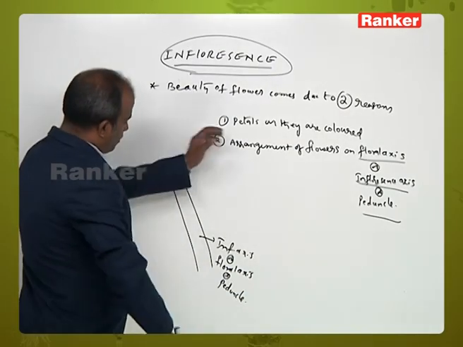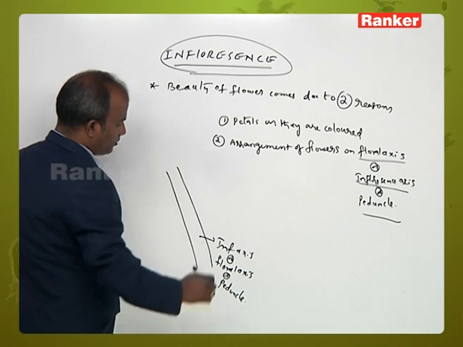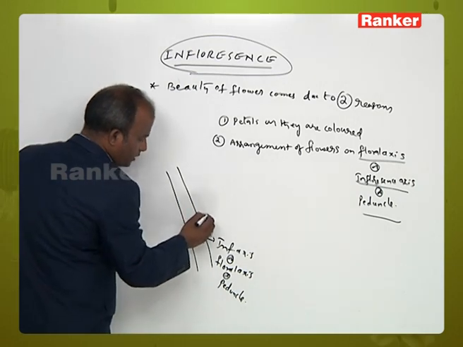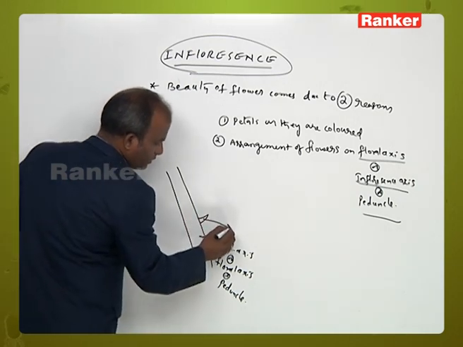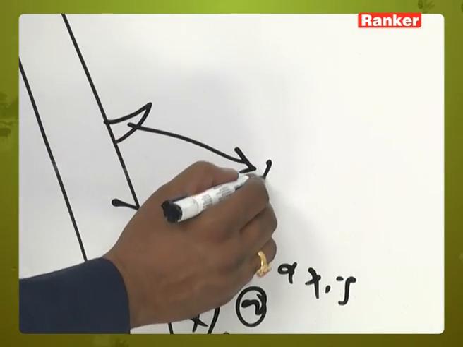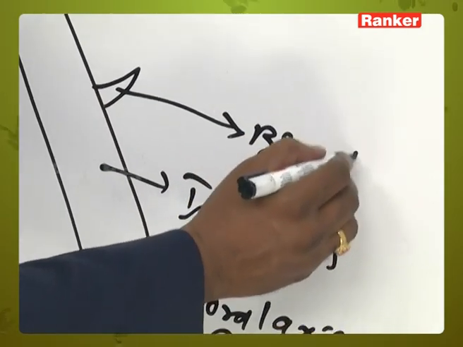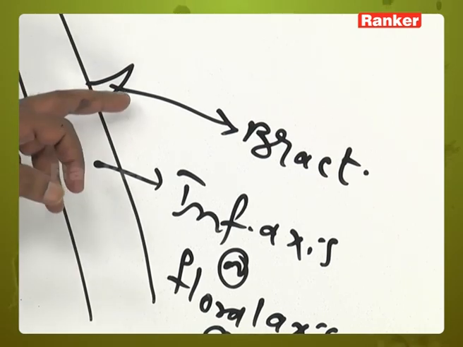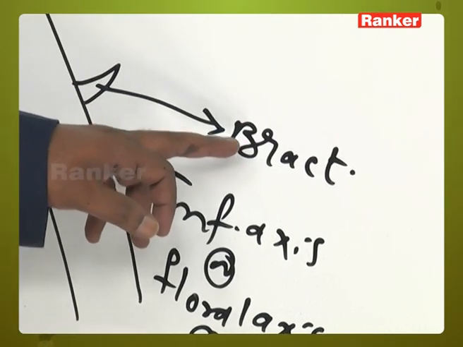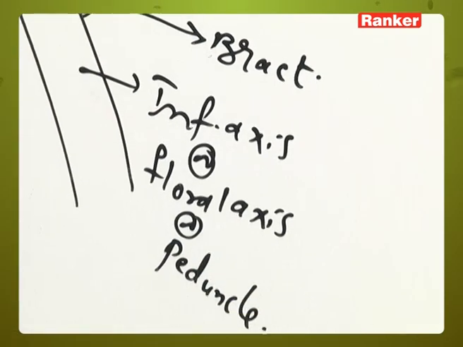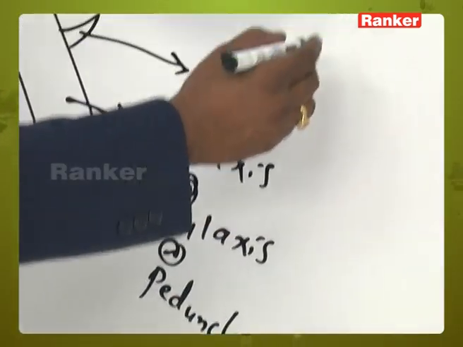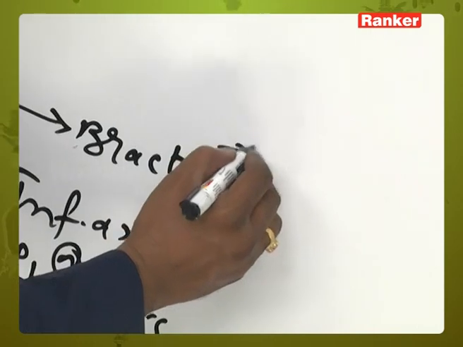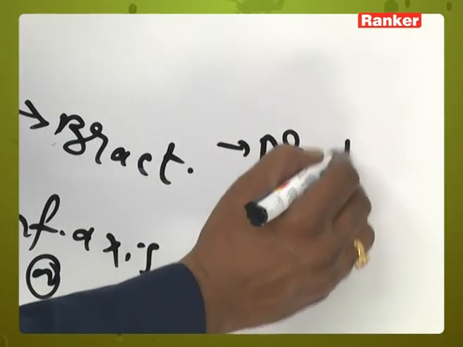Now, on this peduncle, a small leaf-like structure is developing. That leaf-like structure developing on peduncle is called as bract. If a bract is present, then that flower is called as a bracteate flower.